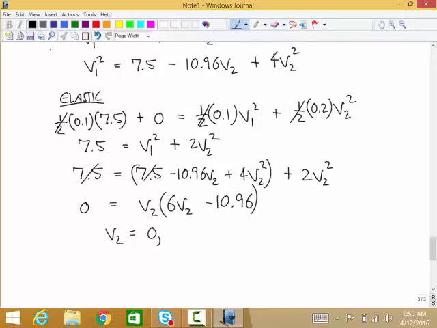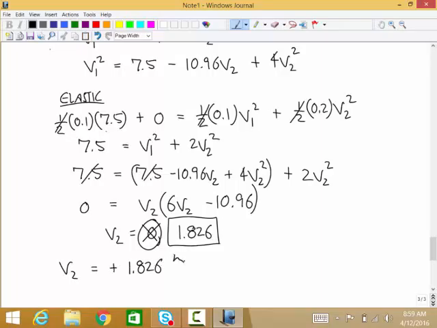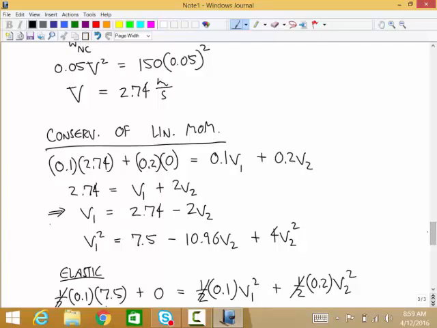So 10.96 divided by 6 is 1.826. The 0 is the velocity of the second mass before the collision, so we want this one. So v2 is equal to positive 1.826 meters per second, and then you can plug into any one of these equations to solve for v1.